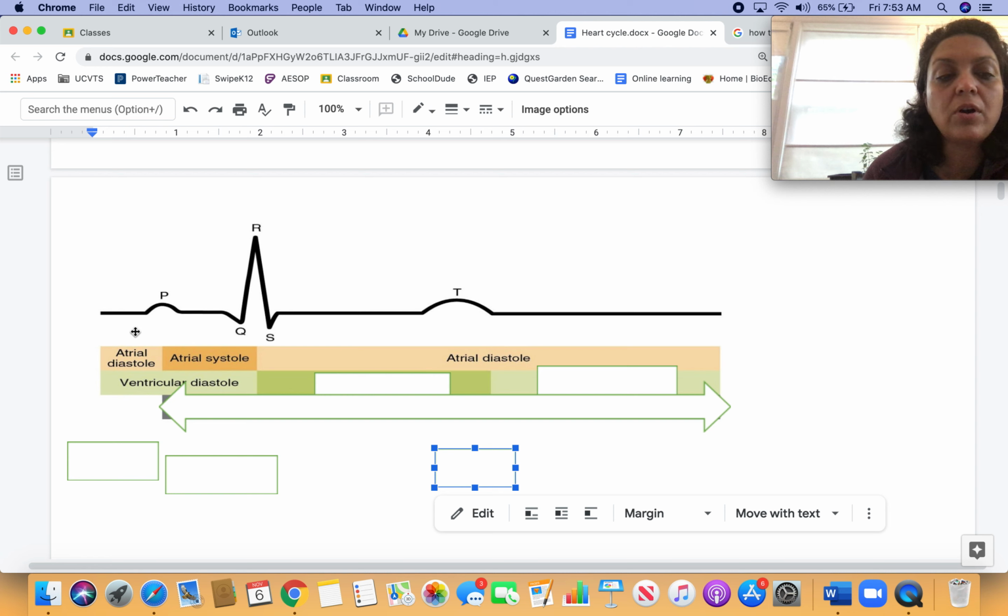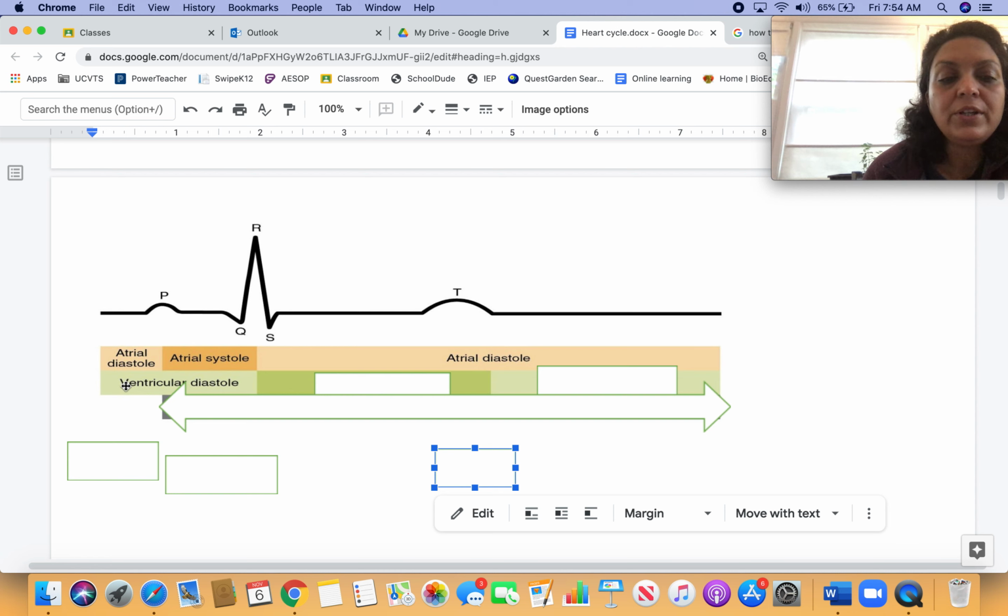So at the beginning of the cardiac cycle, the atrium is in diastole. Right after the first electrical impulse for the P wave, that's when the atrial systole happens. After it has done the first pumping of the blood into the ventricles, atrial systole is short-lived and then it's gone, and then the atrium is relaxed for the entire cardiac cycle. Okay.